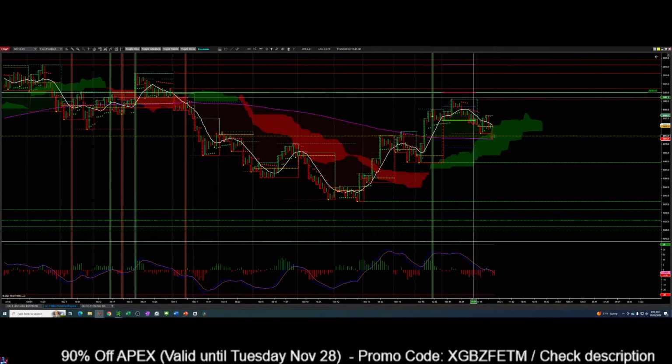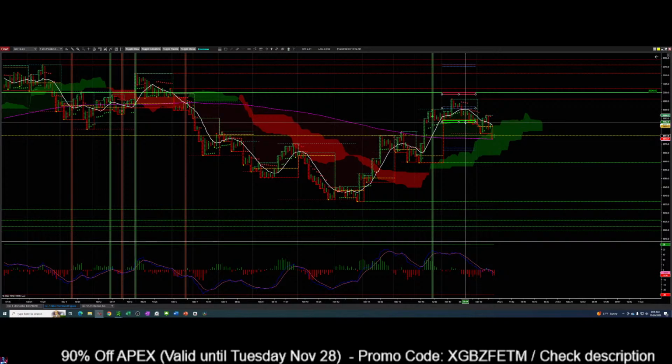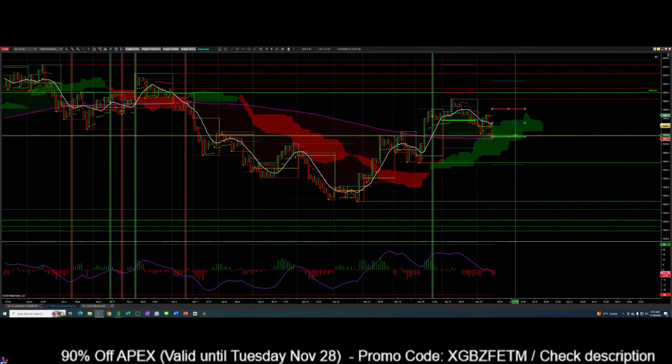Okay, I am going to take this level for Friday on gold and look for support and resistance levels. Where we are here, we are at the 200 level, bouncing.